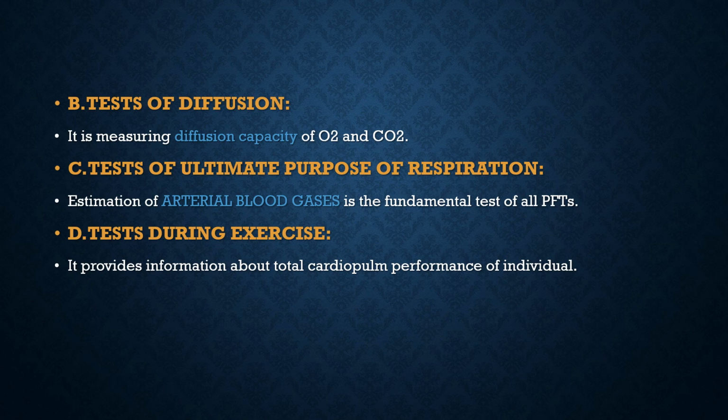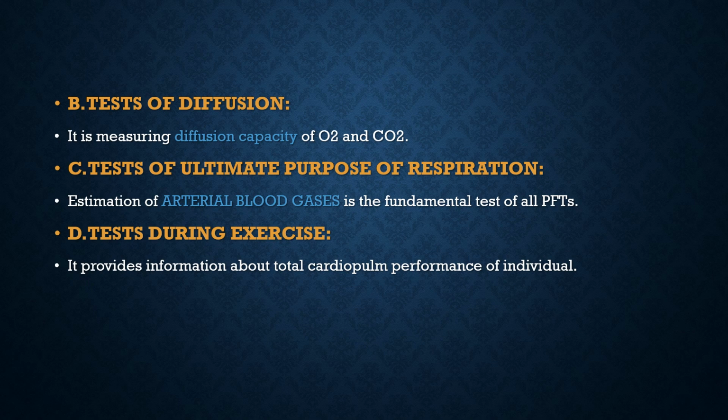And next, tests during exercise. Because of various physiological reserves, the cardiac and pulmonary functions may be normal at rest in early stages of the disease. But the exercise testing will provide information about the total cardiopulmonary performance of the individual and unmask the abnormality not detected by the function tests performed at rest.